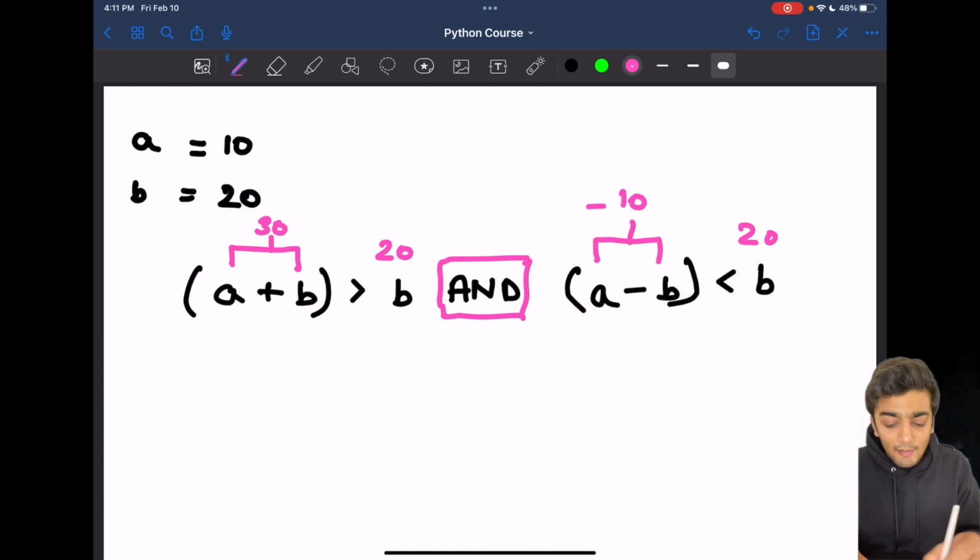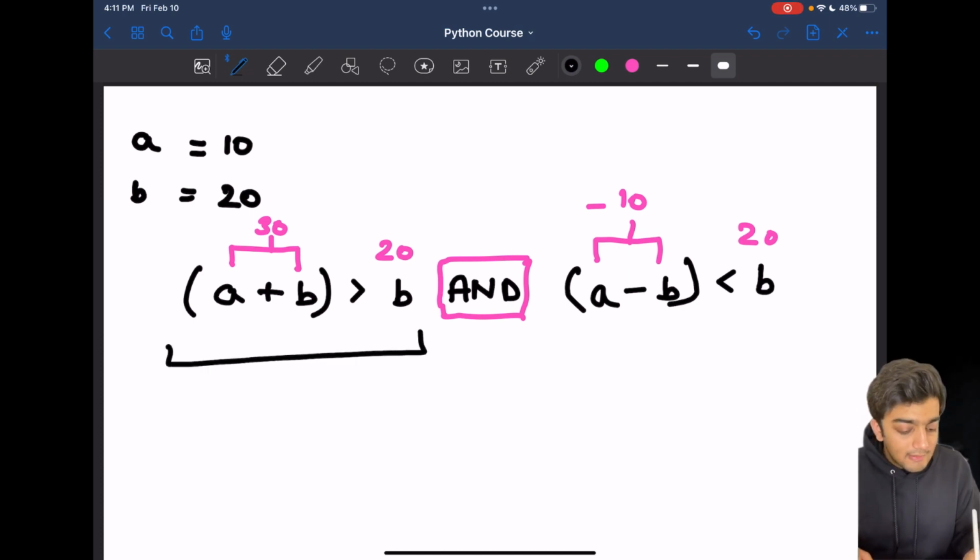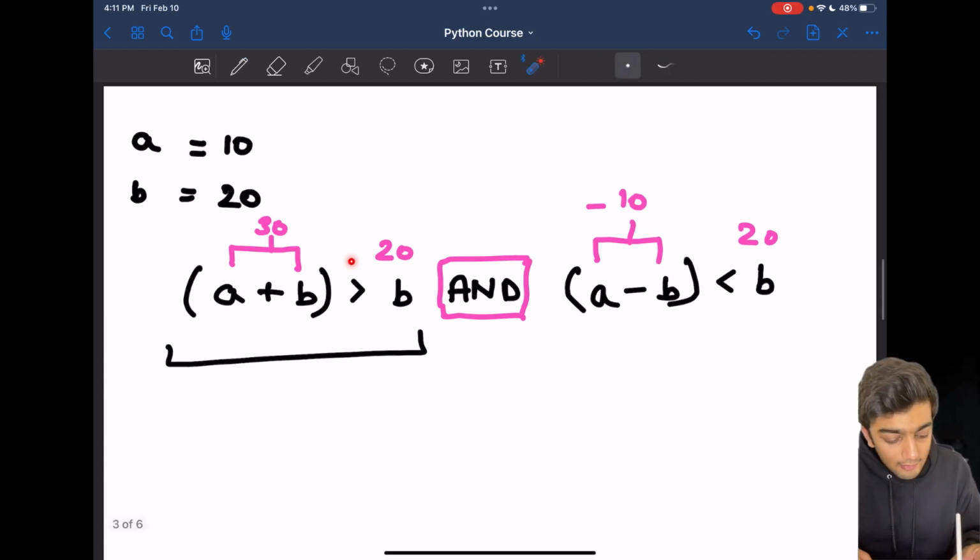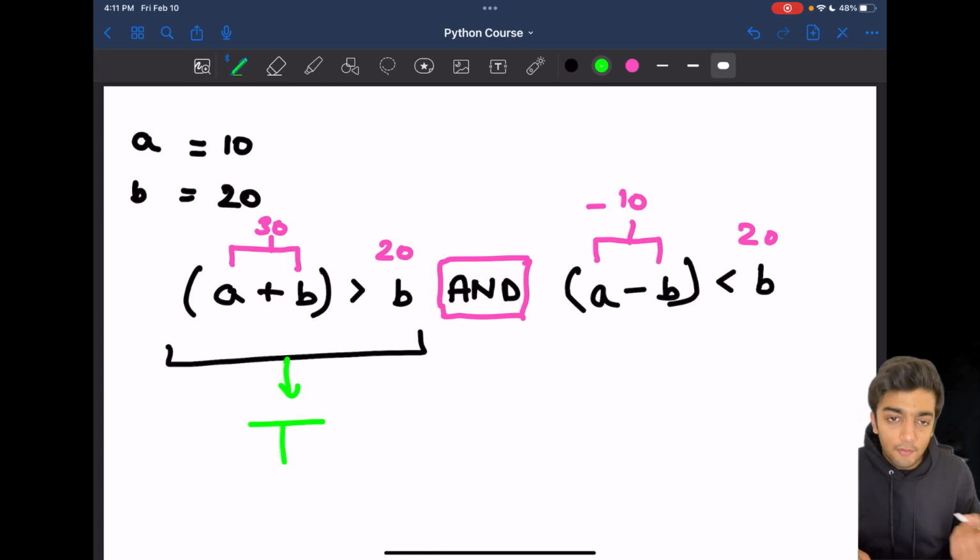So here, how do we calculate the truthiness or falsiness of these expressions? The first condition, which is this one, says 30 is greater than 20, right? 30 is greater than 20. So this is true, right? So our answer here should be true. So T for true.